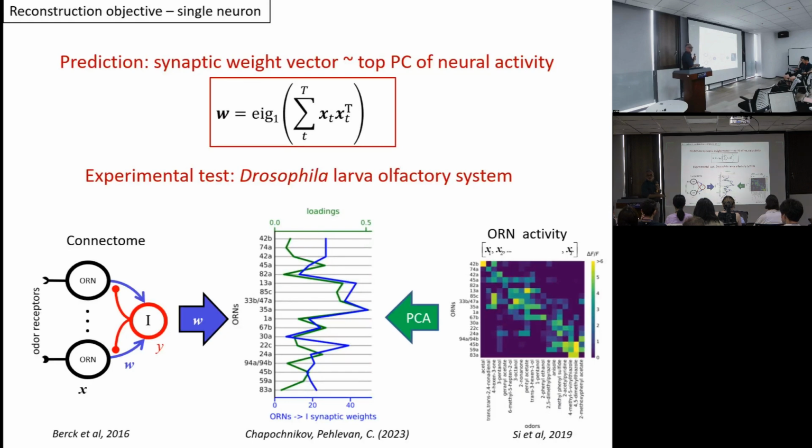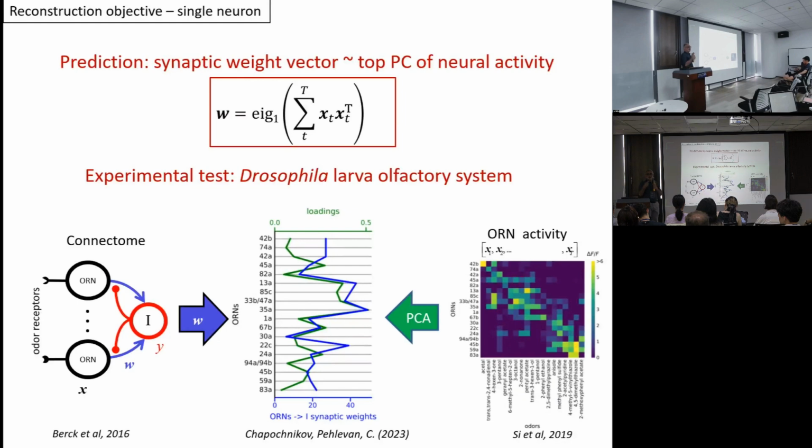But the data that you're going to compare, I, you have not recorded, so how are you going to compare with I? Okay, so I'm just comparing the synaptic weights that were measured anatomically with the PCA of the activity vectors on those ORNs. But these ORNs are presynaptic to W, so they don't give you any indication on W.